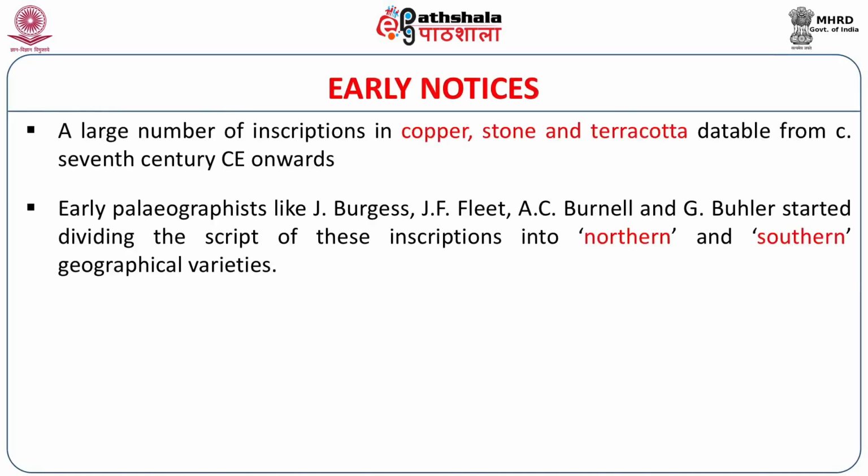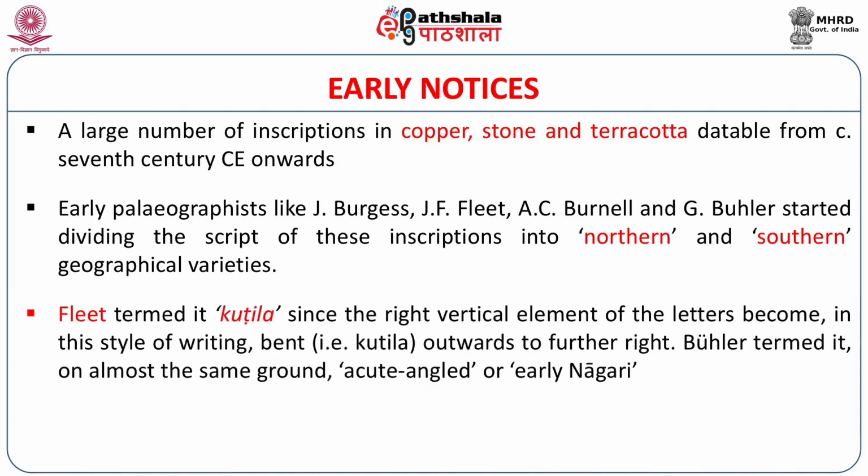Early paleographists like James Burgess, J. Fleet, A.C. Burnell and George Bühler started dividing these later proto-regional scripts found on various inscriptions into northern and southern geographical varieties. Fleet termed it Kutila, since the right vertical element of the letters becomes, in this style of writing, bent, that is Kutila, outwards to the right. Bühler termed it, on almost the same ground, acute angled or early Nagari script.